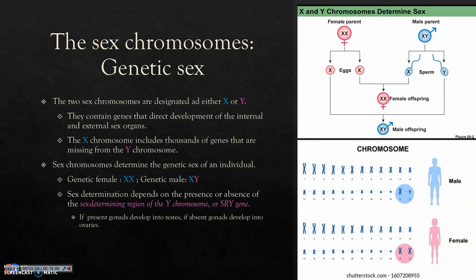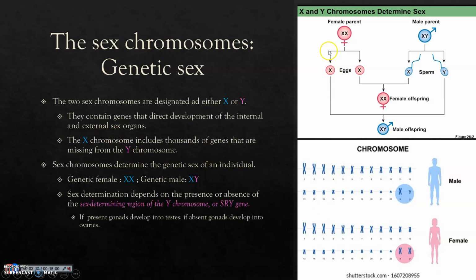And actually, the X chromosome includes thousands of genes that are missing from the Y chromosome. And this is basically how we see the difference between male and female characteristics, with those thousands of genes that are on the X chromosome that aren't included in the Y.